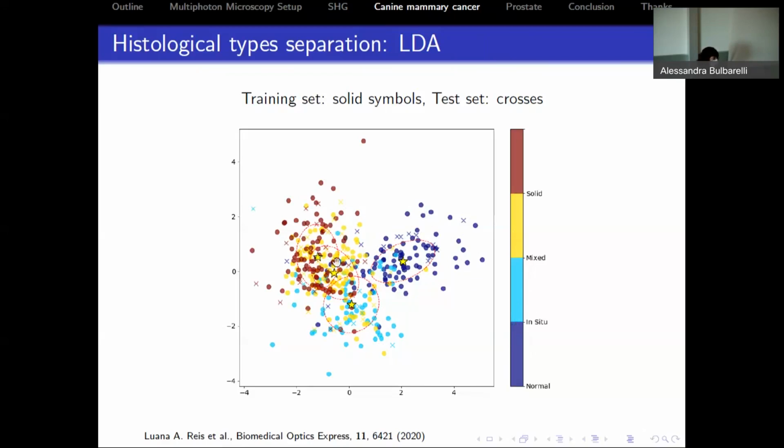But the mixed and in situ are somewhat overlapped here, so cyan and yellow are not very well separated. The star marks the center of the set of data, and the ellipses are one standard deviation of the data. We can separate the extremes quite well, but this middle part is still a little bit mixed.